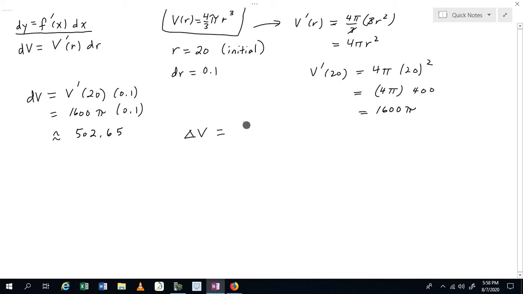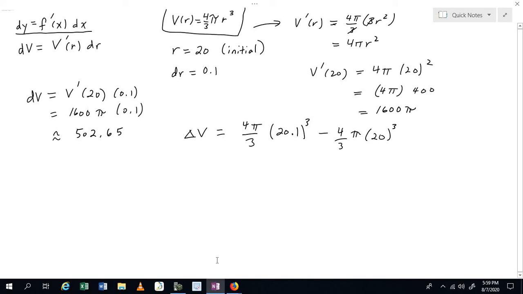And of course, that's just 4 pi over 3 times r cubed, which would be 20.1 cubed. This would be the volume of the sphere when the radius is 20.1. And if you subtract off the volume of the sphere when the radius is 20, so 4 pi over 3 times 20 cubed, that would be the volume of the sphere when r is 20. Then the difference between these two numbers, of course, would be the exact change in the volume.